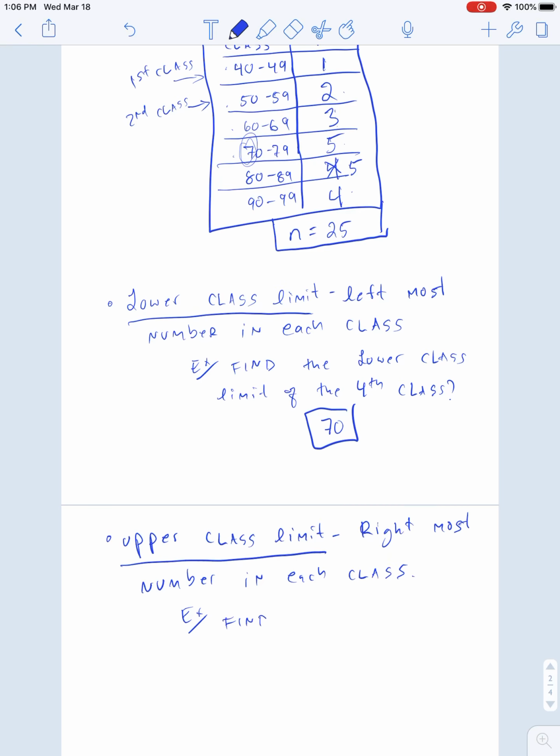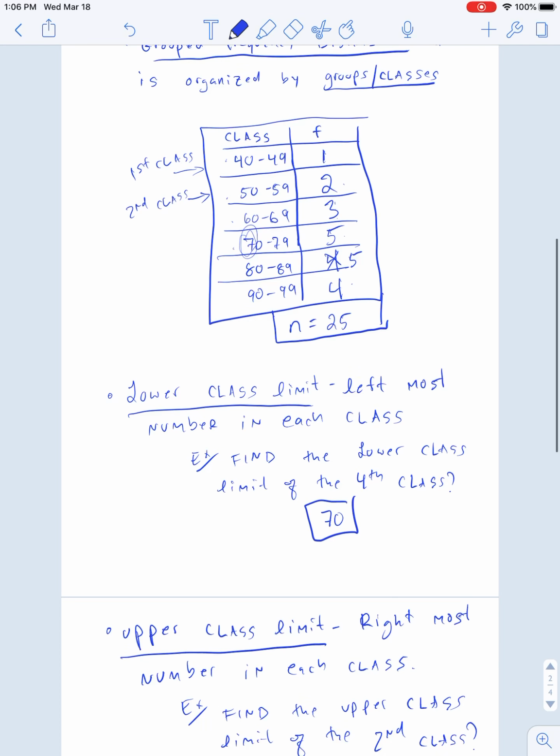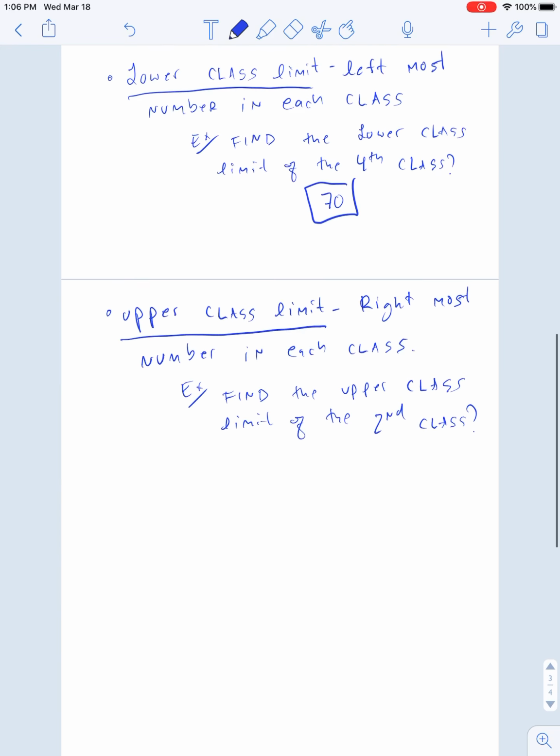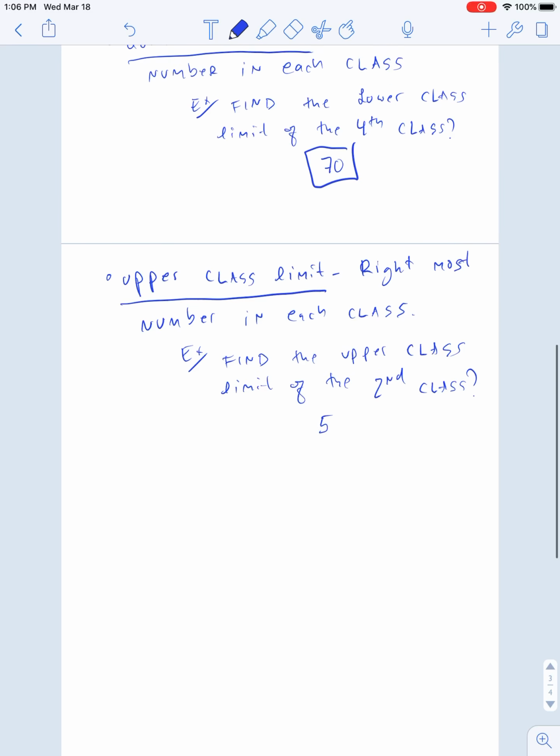An example would be: find the upper class limit of the second class. Once again, you have your first class, your second class. This is the left number, this is the right number. So that would be 59.